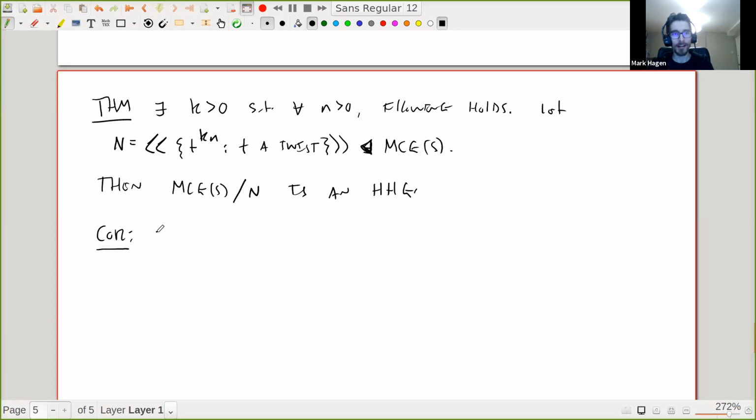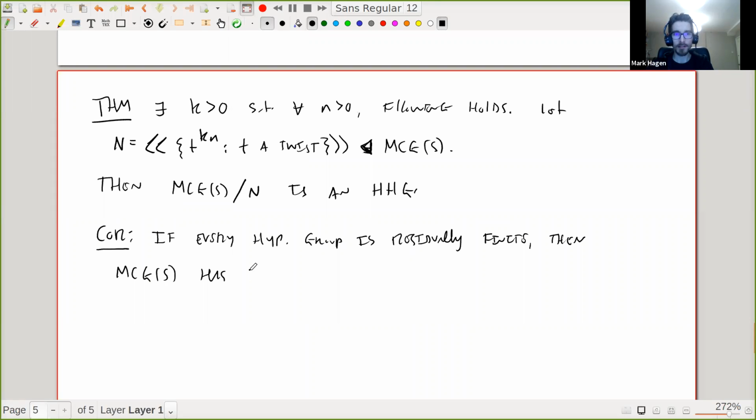If every hyperbolic group is residually finite, then the mapping class group has many hyperbolic quotients.